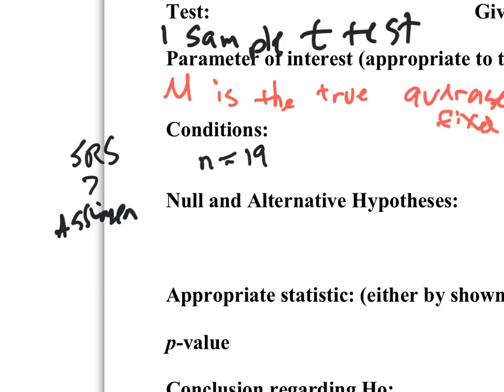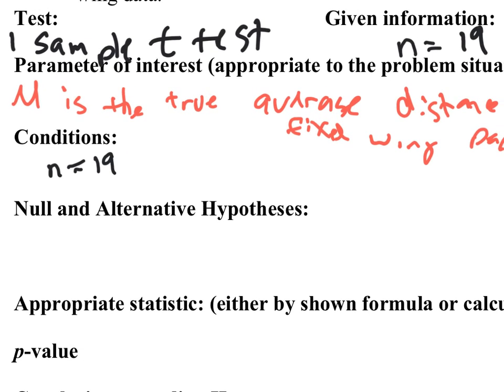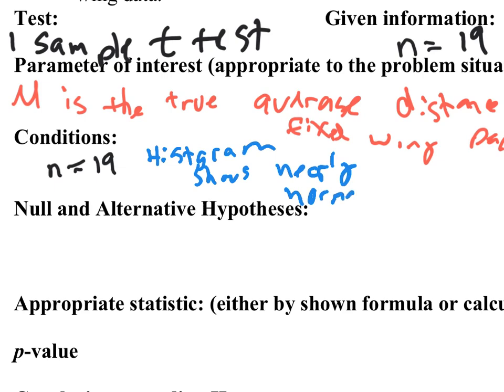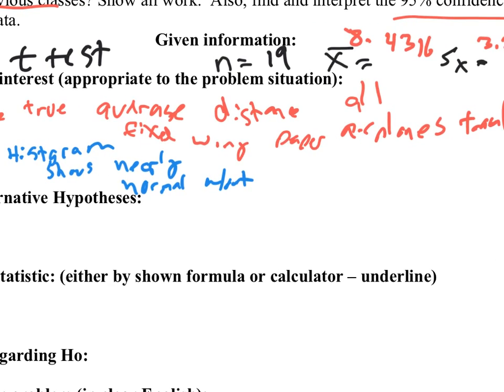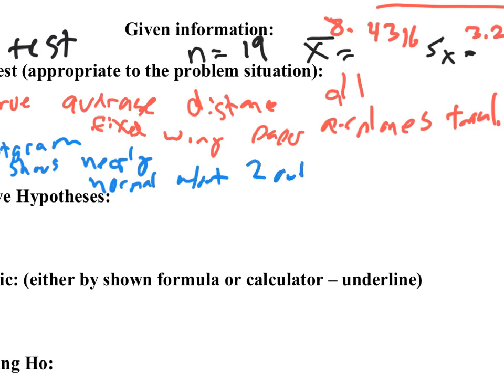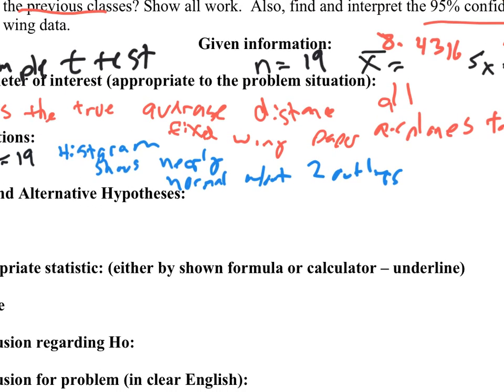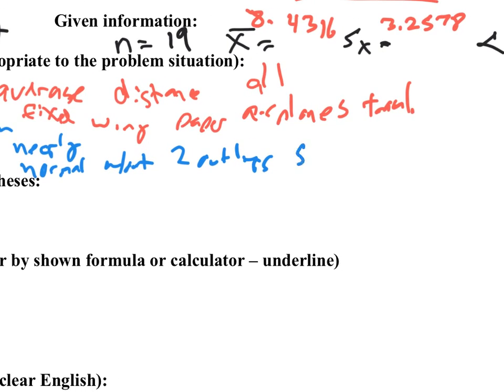I'm going to write histogram, and in the real world you should draw a picture. Histogram shows nearly normal without two outliers. It would be normal without them. Two outliers skewed to the right.